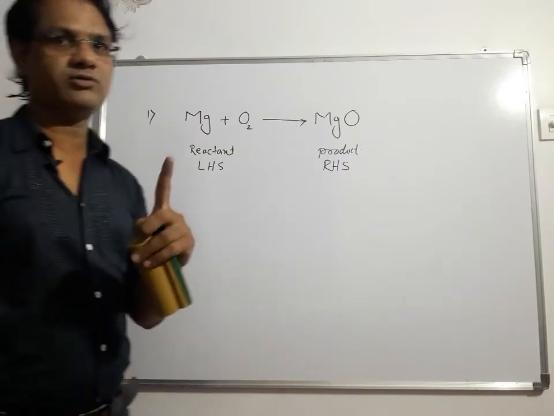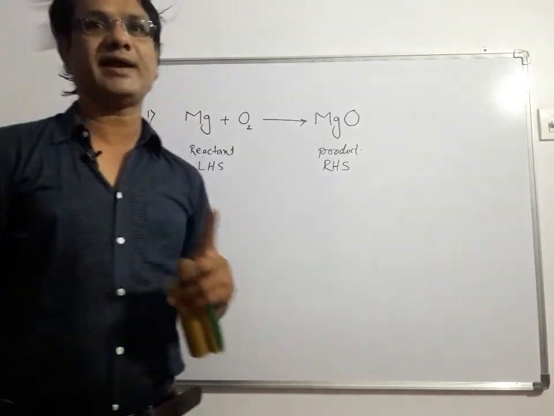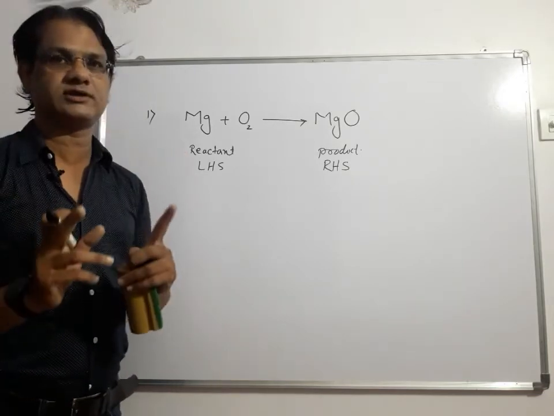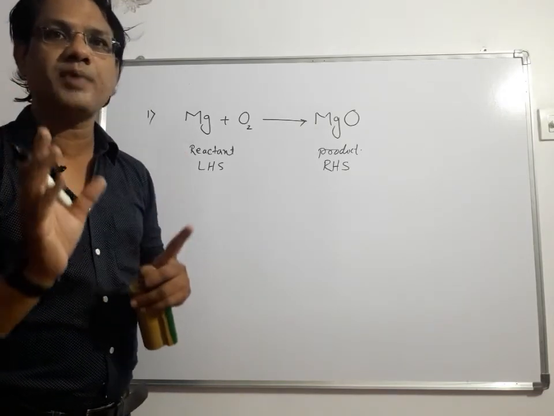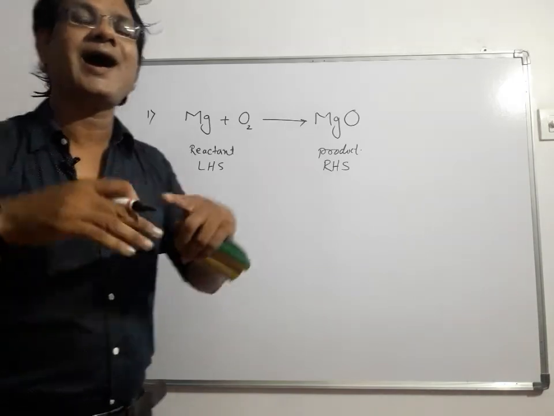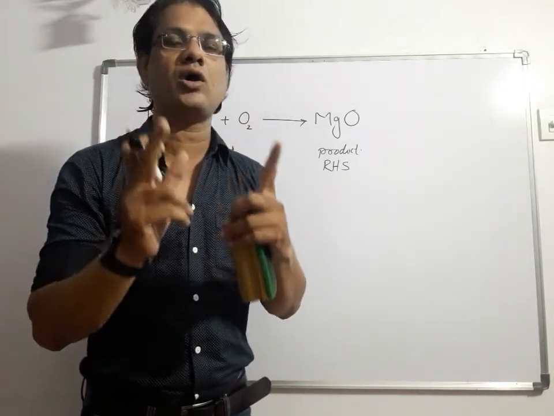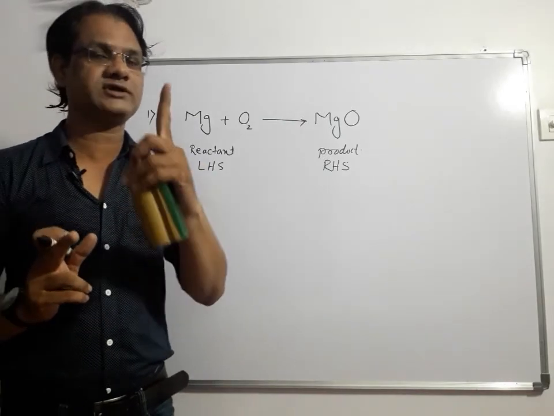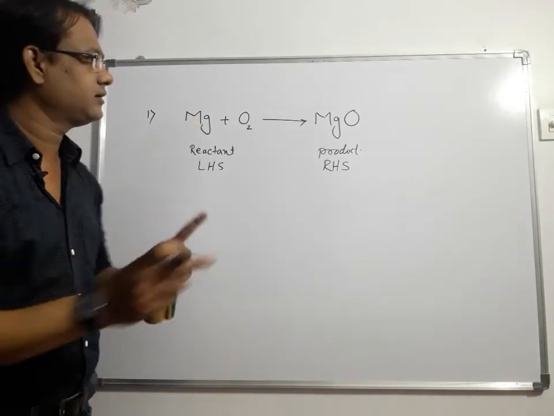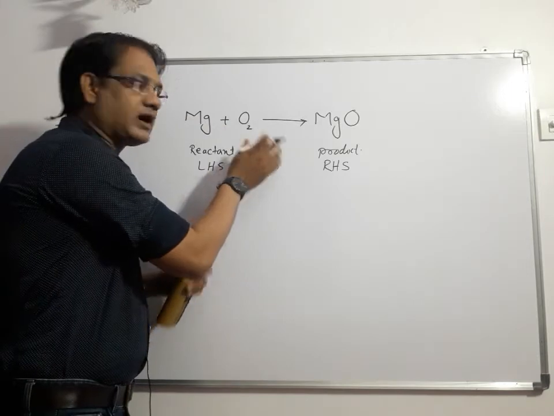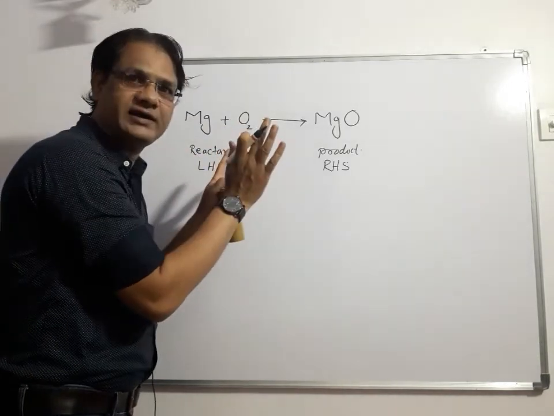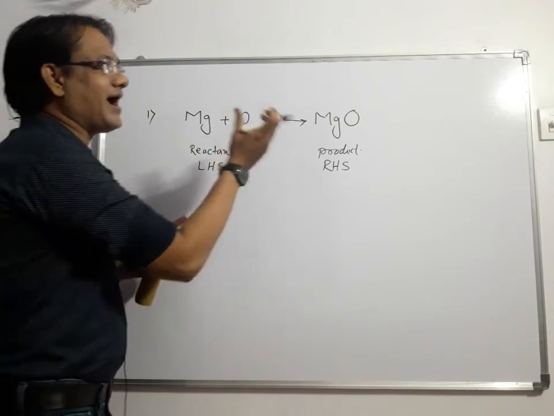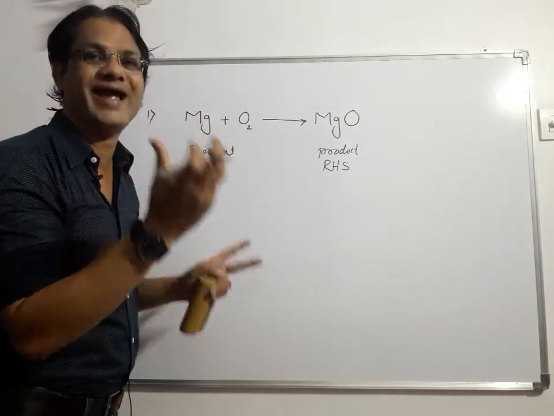The first point you have to remember while balancing a chemical equation is that you have to choose a compound which has the highest number of atoms. I am repeating, you have to pick the compound either from the left hand side or from the right hand side which has the highest number of atoms.